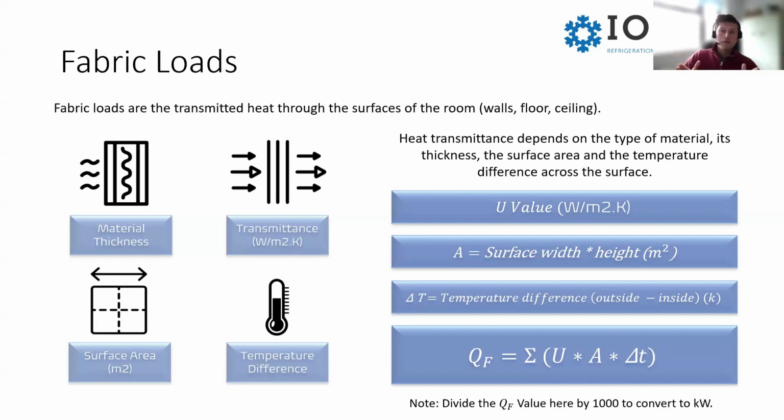So if we only had 1 meter squared and a 1K difference, say it was 20 degrees inside the room and 21 outside the room, we'd have 1 Kelvin across 1 meter squared. That'd be 1 watt for that area. Well, we don't tend to get that. So we need to figure out the surface area of each of our surfaces, our walls for example, know what the material is, and then know our temperature difference.